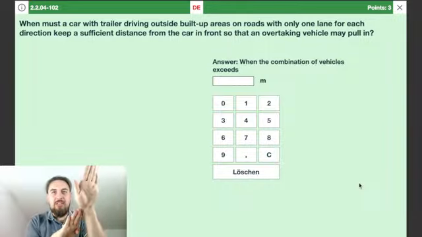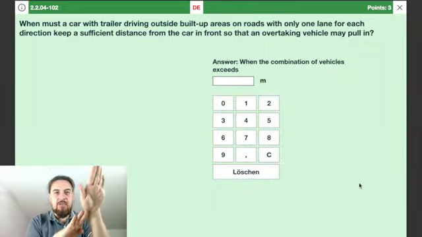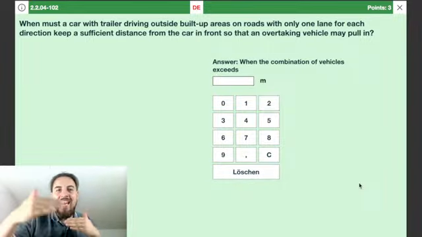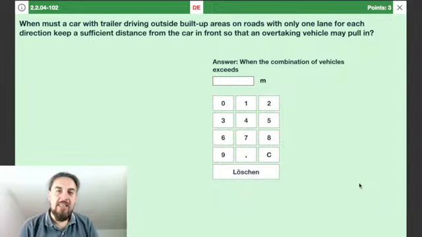If you have a combination, so a car and a trailer behind, there are some requirements, and one of them is that you have to keep an extra long distance so that people who are about to overtake you can merge in more easily after overtaking, because you're normally only allowed to drive 80 on highway or landscape, and that's why a lot of cars will overtake you.